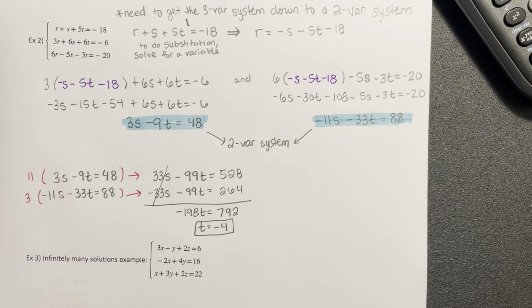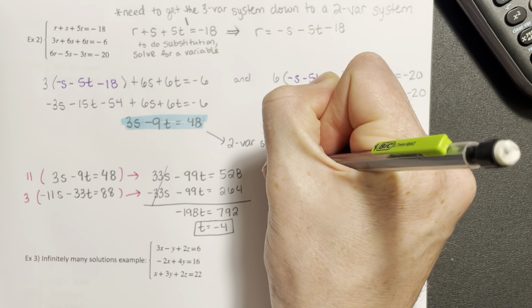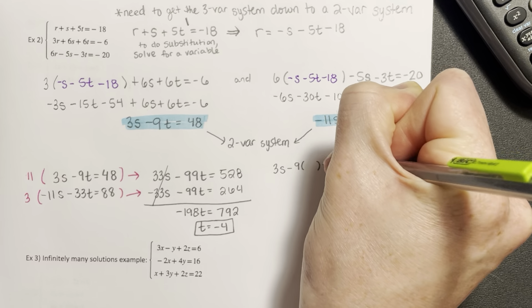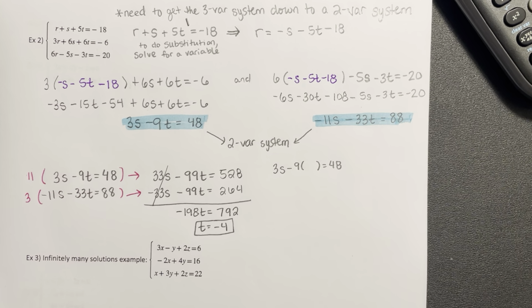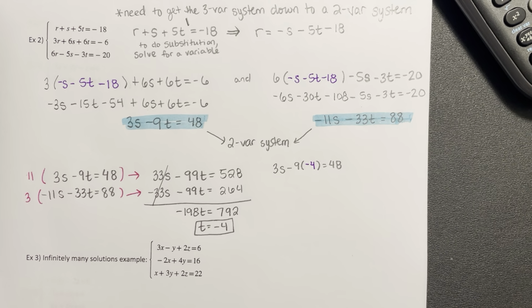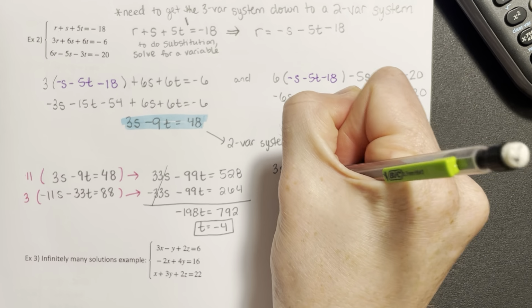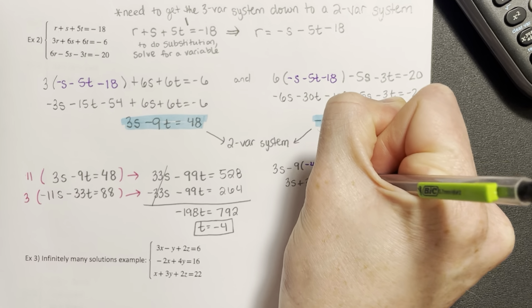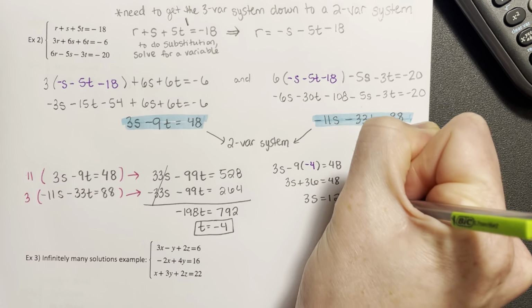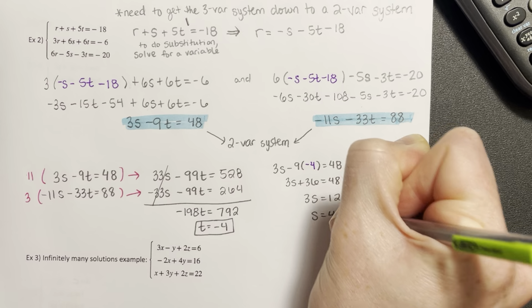We substitute that into one of the equations to find s. So 3s minus 9t equals 48, and t we just found to be negative 4. So 3s plus 36 equals 48, which means 3s is equal to 12 and s is equal to positive 4.